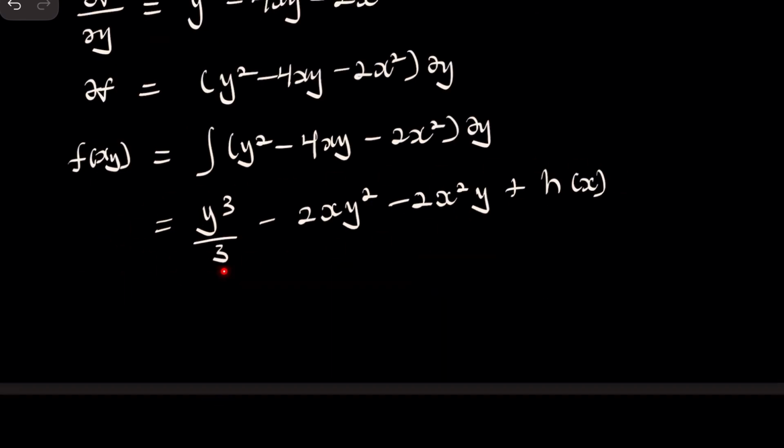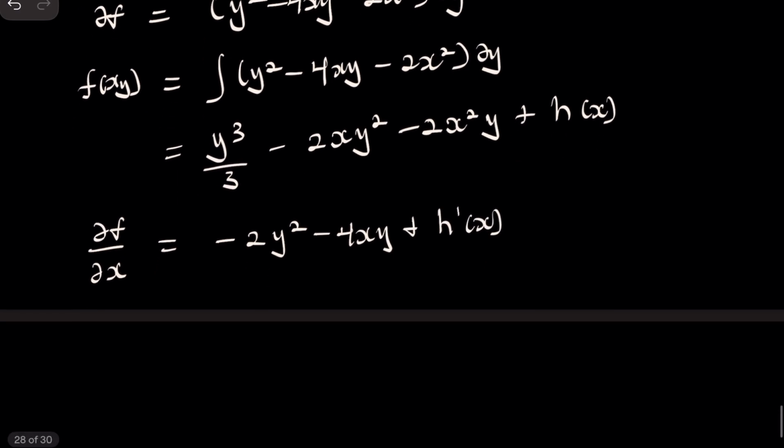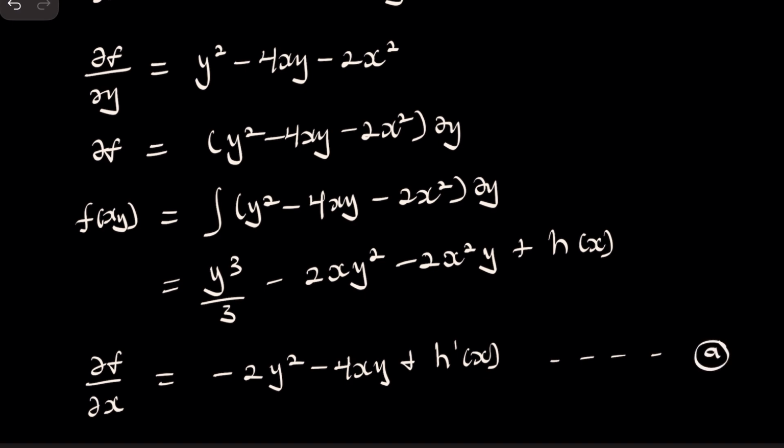We now differentiate f with respect to x, and so we are going to have partial of f with respect to x to be equal to minus 2y squared minus 4xy plus h prime of x. Let's call this equation A.